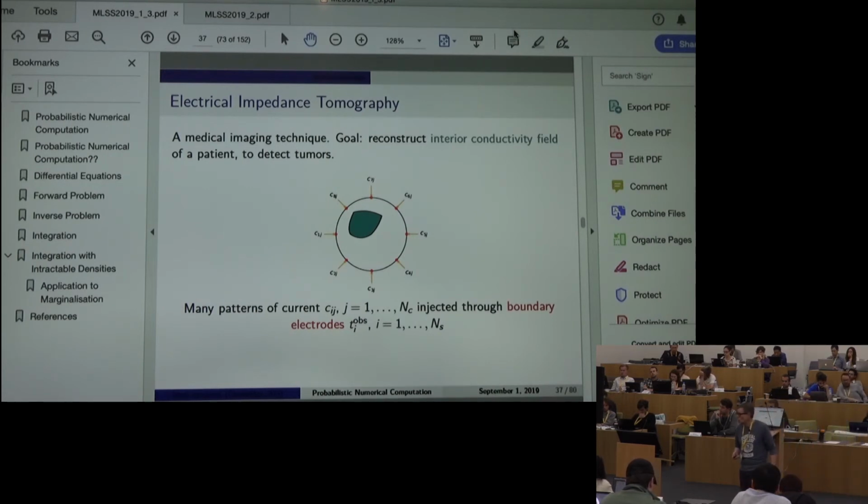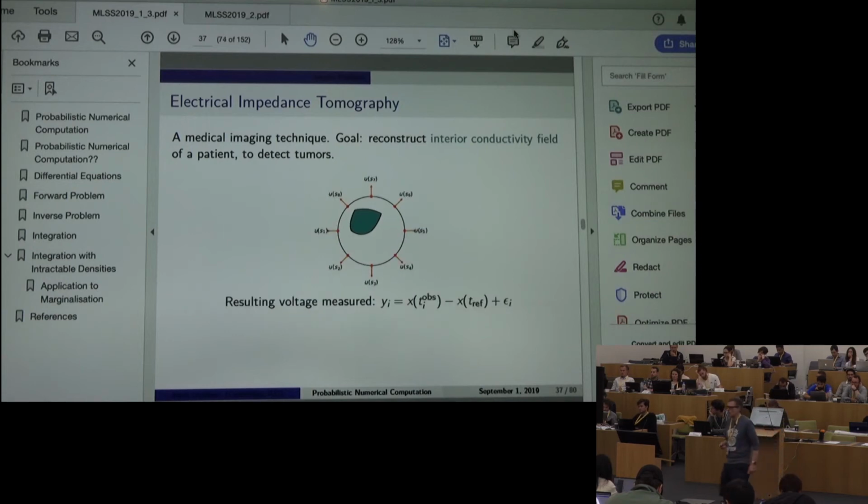We'll have a number of particular patterns of current injected at particular locations through these electrodes. And the measured response to those patterns is the data that we're going to use to try and infer what shape the blob is and where it is.